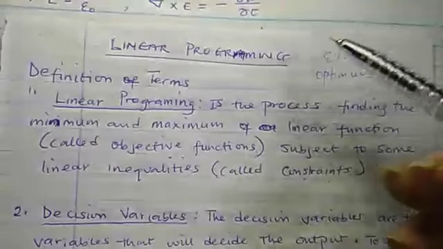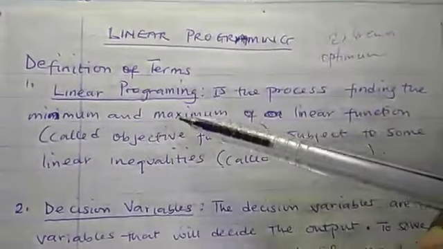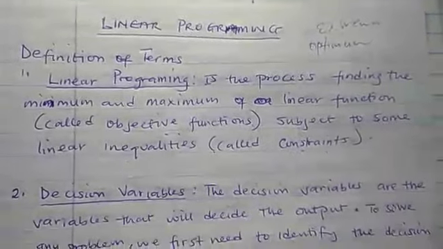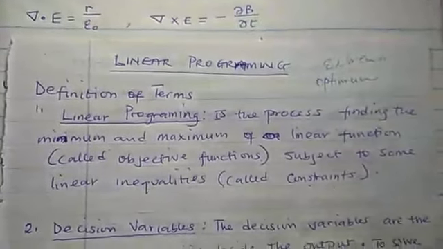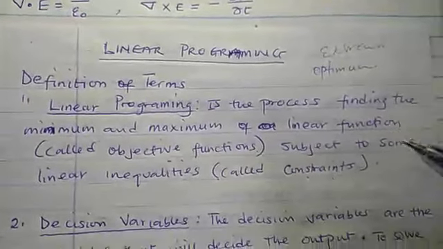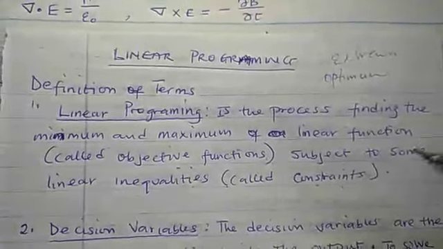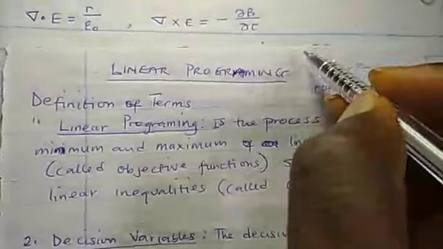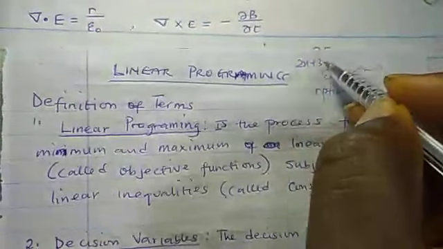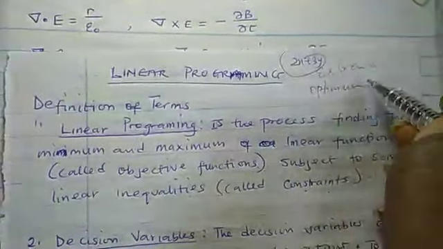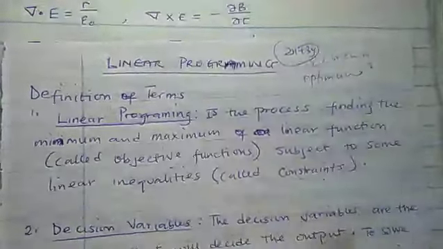A linear equation is an equation where the exponent of the variable, the highest power of the variable, is 1, something like 2x plus 3y. This is linear. If it is squared, we call it quadratic.